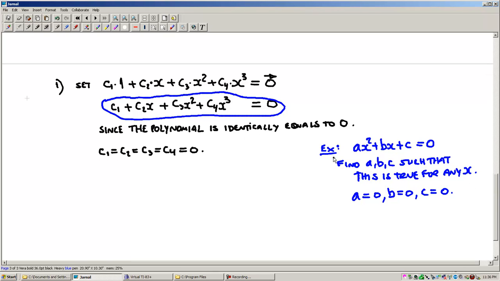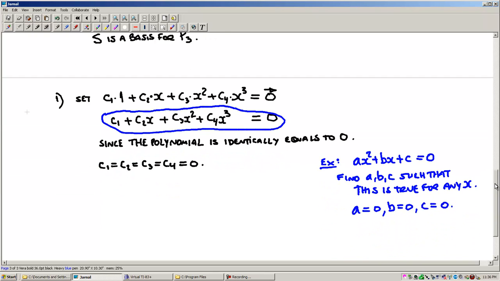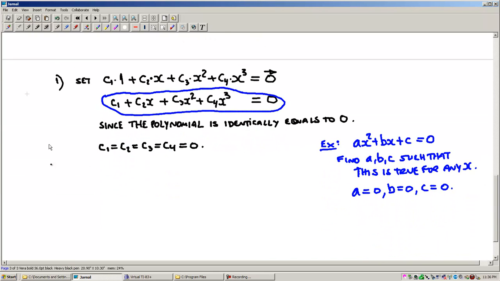So that shows that those coefficients need to be 0, and therefore the vectors 1, x, x squared, and x cubed are linearly independent. Now the second thing we need to show is that those vectors span P3, but this is pretty obvious, right? So how do we show that the span of 1, x, x squared, x cubed is P3?